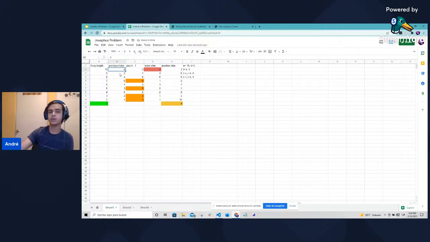So we start with a starting position of 0. We add the k minus 1. So we have 2. And then so on. And just on the positions where the index is going to be bigger than the array length, we're going to put a condition in here to subtract the array length from the index.